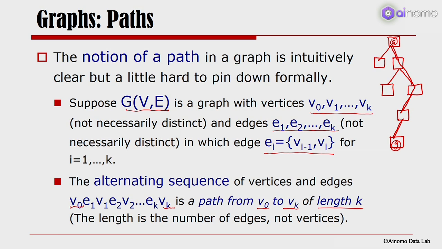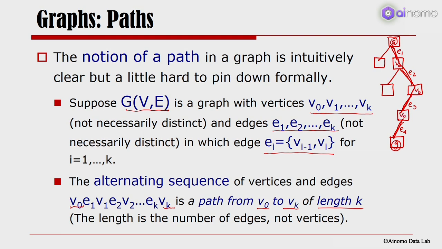So for this path that I have highlighted here, the length of the path is 1, 2, 3 and 4. So here is a length 4 path, and what I wanted to highlight was that this path is made up of edges E1, E2, E3, E4. Alternatively it has vertices, let's call them VA, VB, VC.